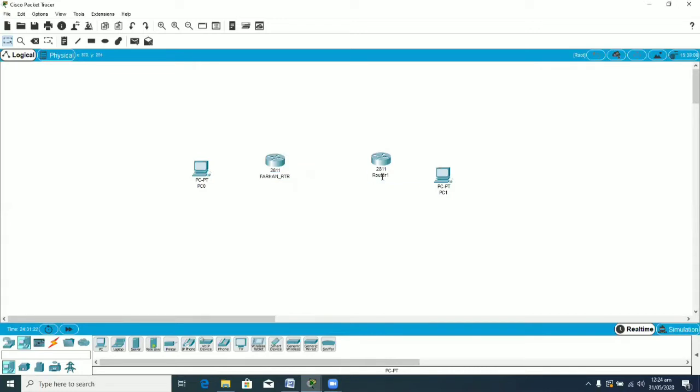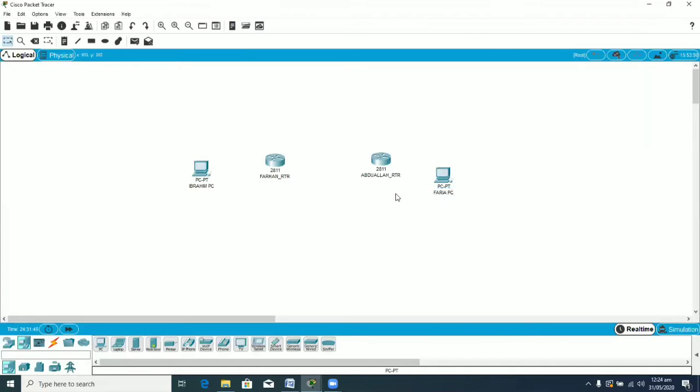You can change the name of your router also, because I made this router Farhan underscore RTR, and let's say this router is Abdullah underscore RTR. And let's say this PC is Ibrahim PC, and this PC, let's say its name is Faria PC.